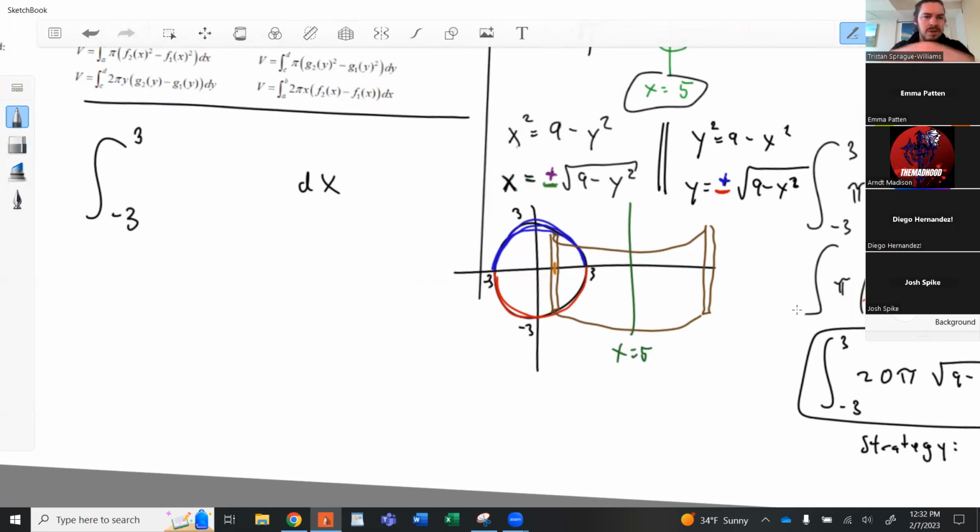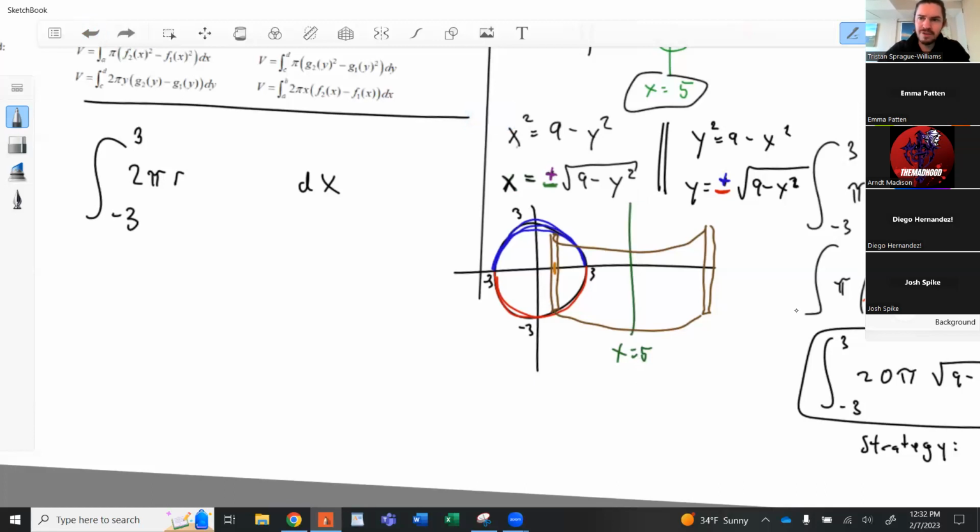Then we use our shell formula, which is 2 pi times the radius of the shells. This used to be 2 pi x if you're just revolving about the y-axis, because the x value is the distance away from the y-axis. But we want to replace that with the distance away from our axis of revolution, which is 5.